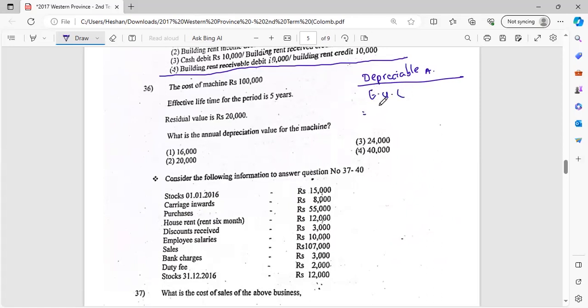Depreciable amount means cost minus scrap value or residual value. So 100,000 minus 20,000 is 80,000. When we divide 80,000 by 5, it's 16,000. So the answer is number 1.